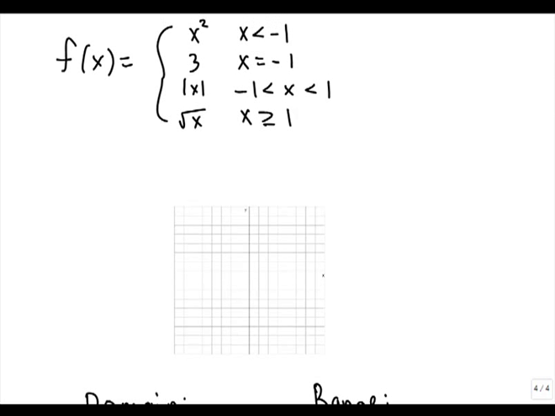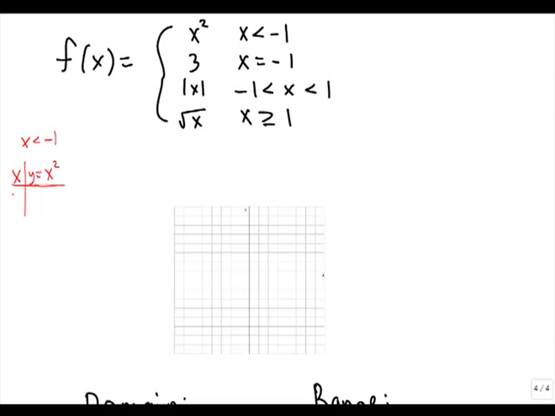The first rule that we have is x squared, and we want to use that for x less than -1. So what I'm going to do first is create a little xy table, where the rule I'm using is that top rule, x squared, for x less than -1.